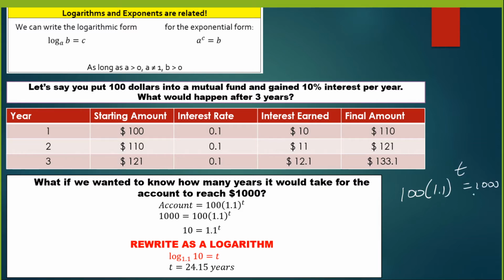I can divide both sides by 100 to get 10 equals 1.1 raised to the t power. Then log base 1.1 of 10 equals t. That gives me 24.15 years.